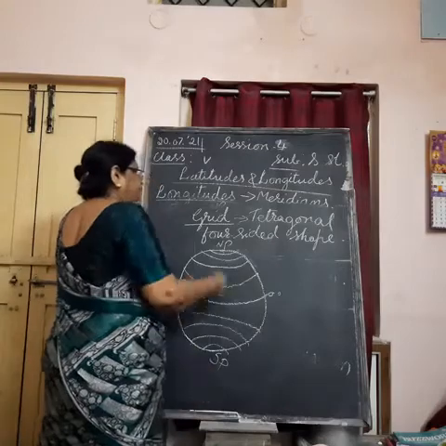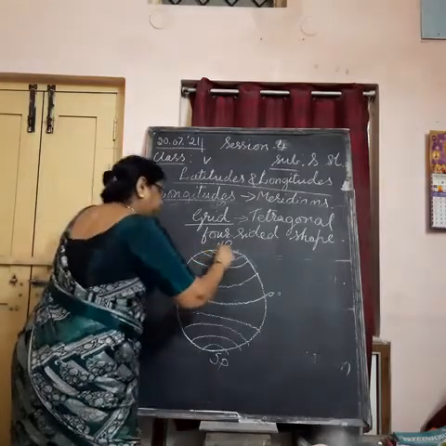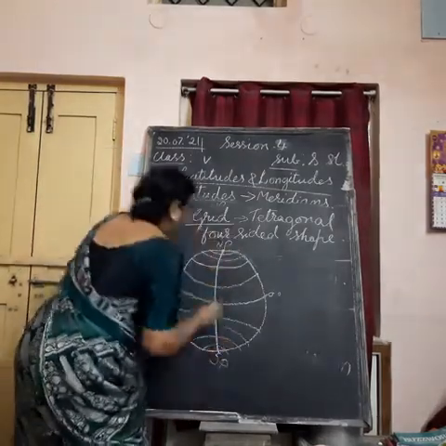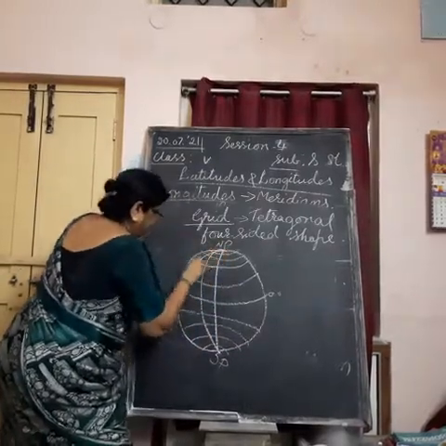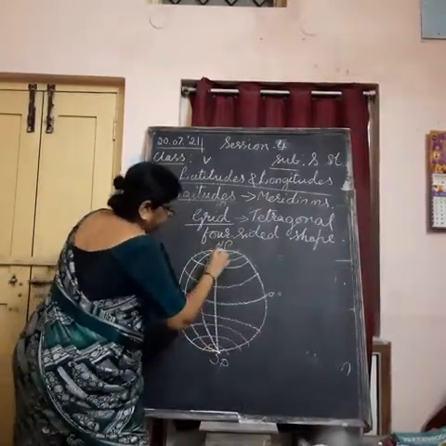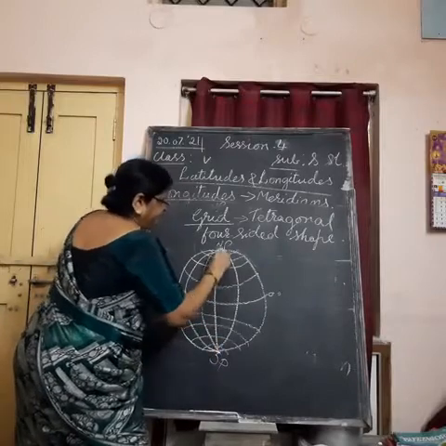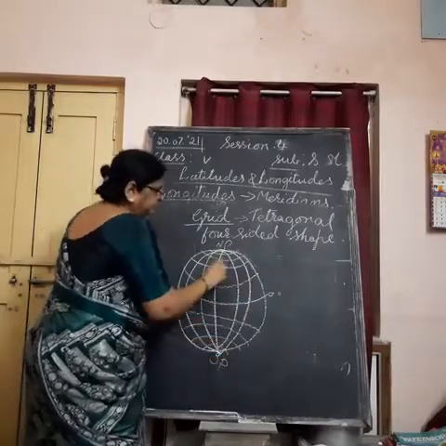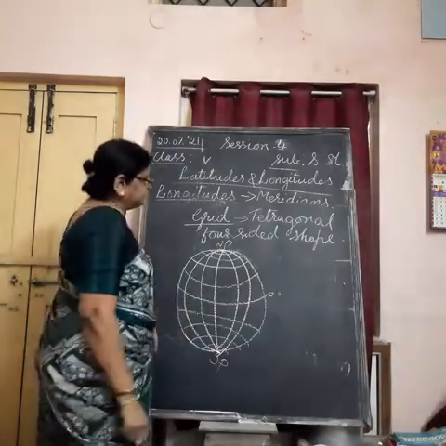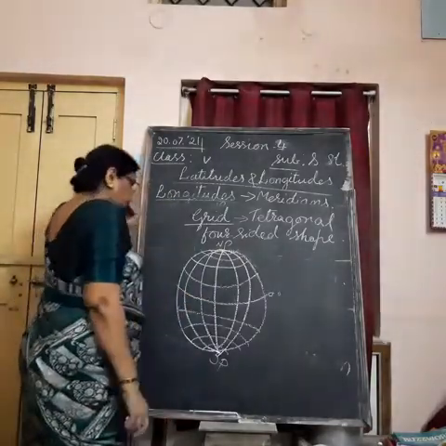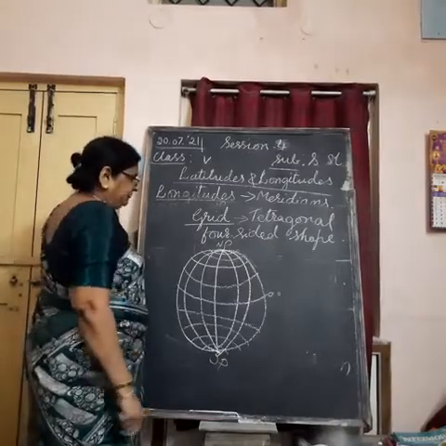So, from here we are drawing the longitudes. Teacher said 360, but I can't draw all 360 on the board, so bear with me.